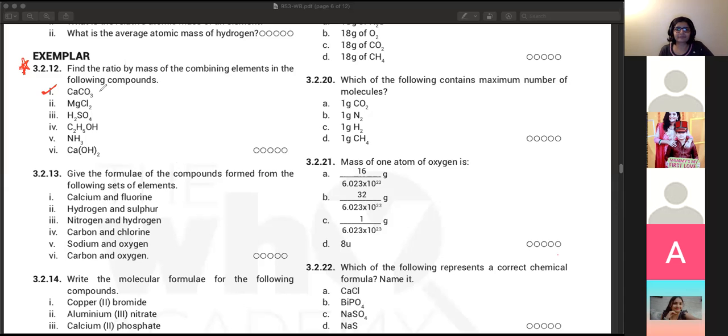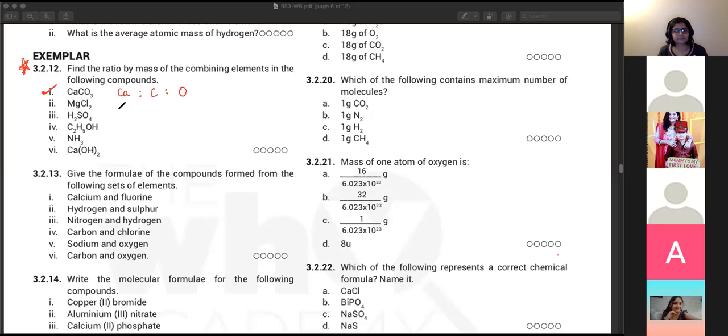So yes, ma'am. So the ratio by mass for finding this, first we have to differentiate the elements in the compound. So in CaCO3, the first is calcium, Ca, then is C, and then it's O. So these are the three combining elements that make up this compound. Yes, ma'am. So then we have to write the mass of each.